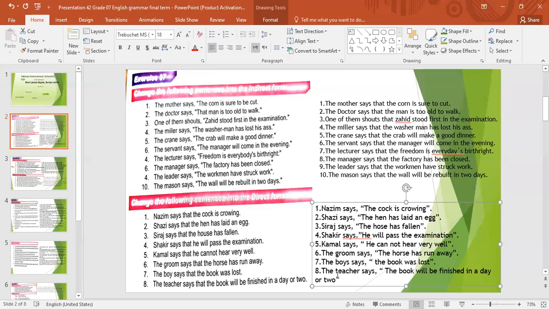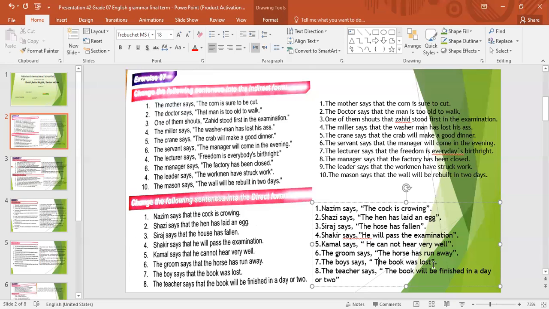Dear students, the boy says, here this "T" will be capital, not small: "The book was lost."